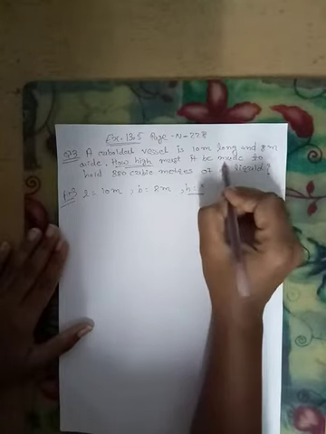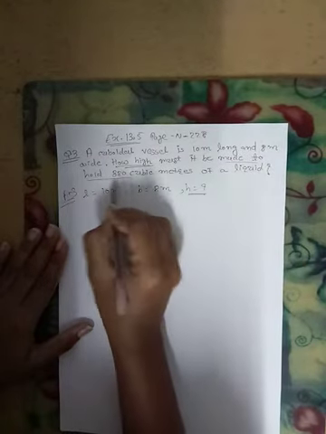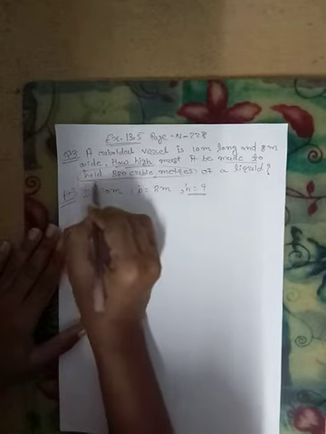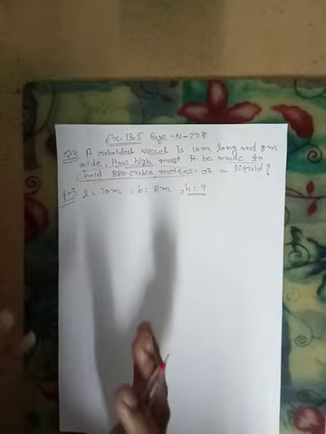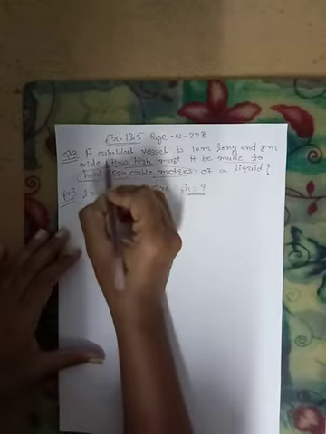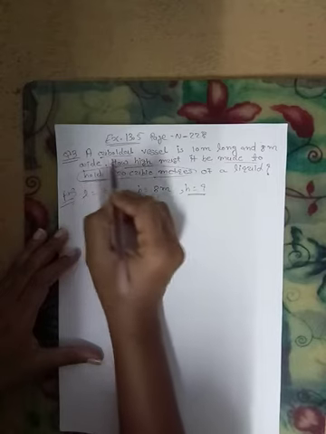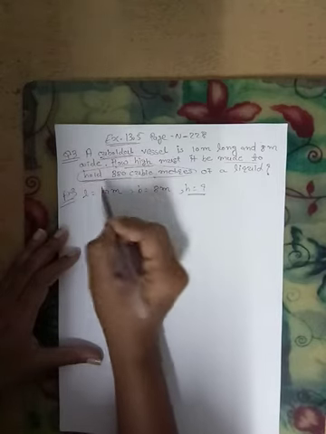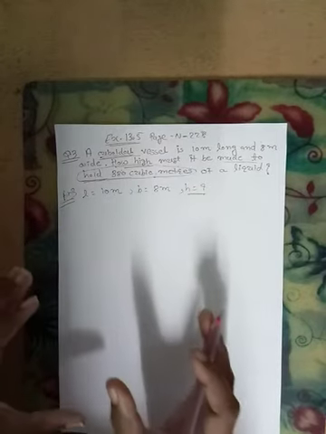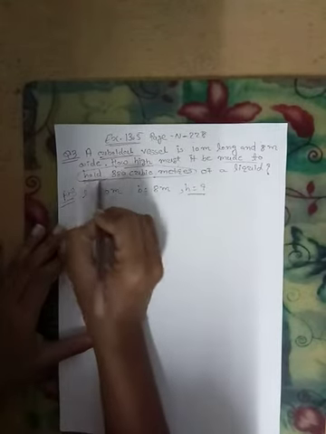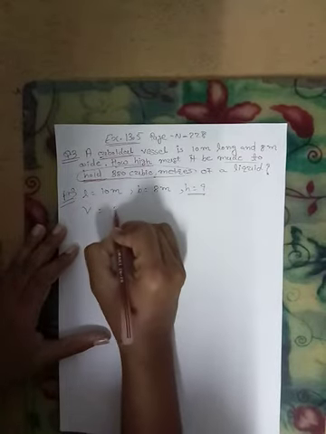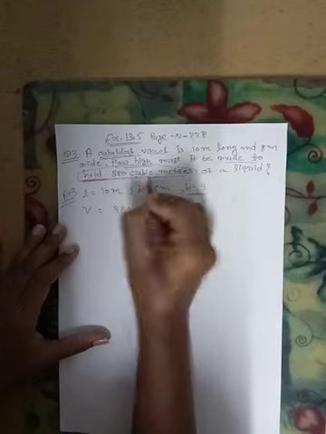Here it is made to hold 380 cubic meters. Okay, that means hold denotes the capacity of the cuboidal, how much the cuboidal can hold. So it can hold 380 cubic meters.